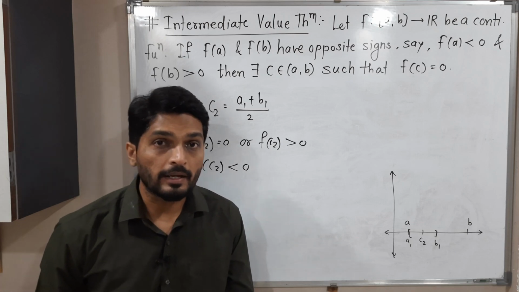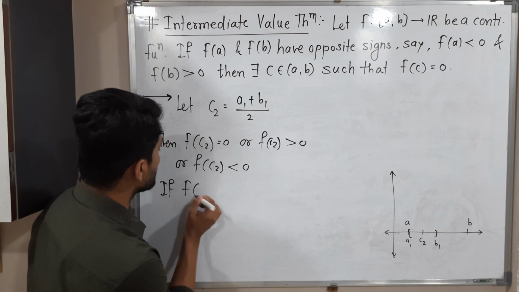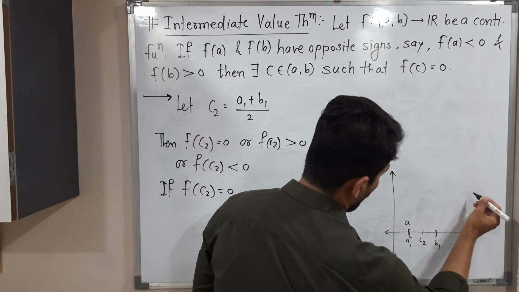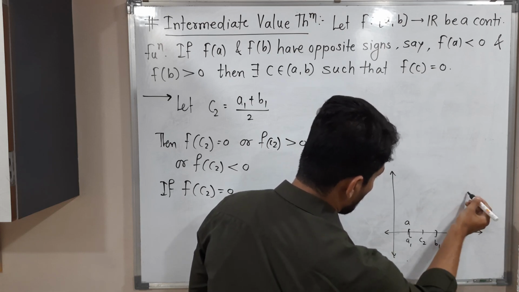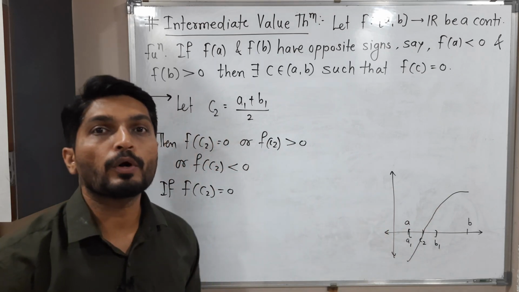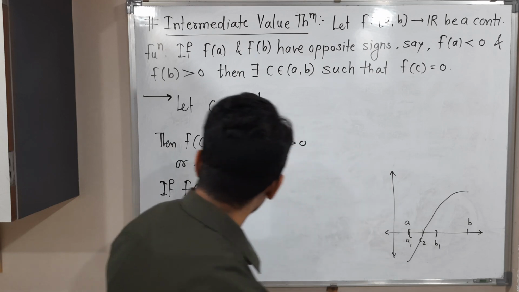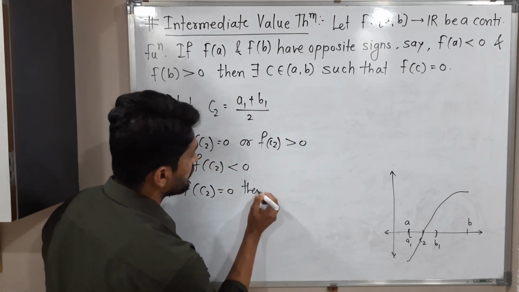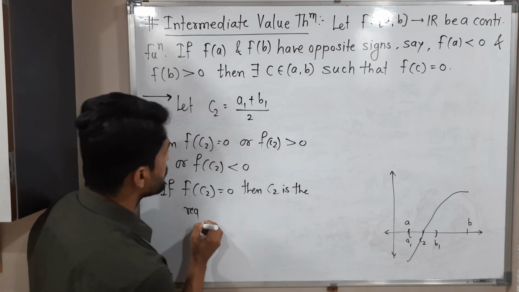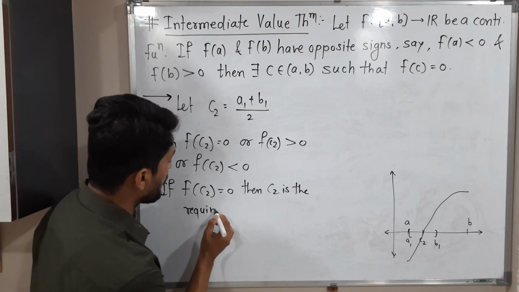If f of c2 is 0, with f of b positive and f of a negative, that means the curve is passing through point c2, getting? So c2 is the required point. We are in search of c where the value of the function is 0, so it is a required point.